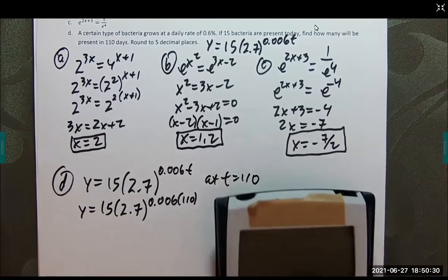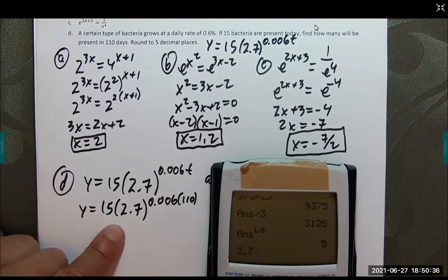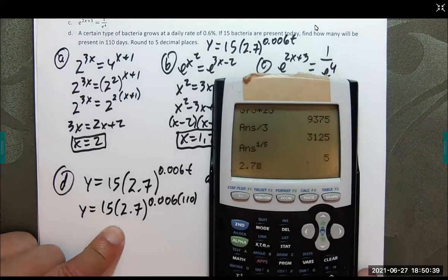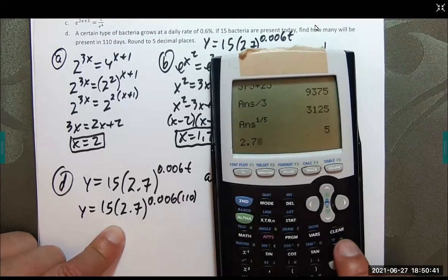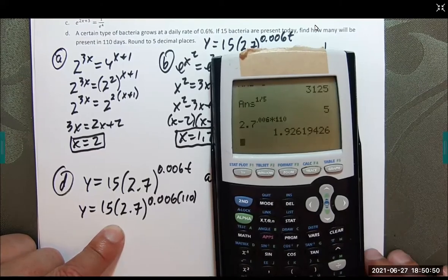So let's get that. So I'm going to do the exponent first. So 2.7, just recall, this is the exponent button right here, raised to the 0.006 times 110, and then times 15.